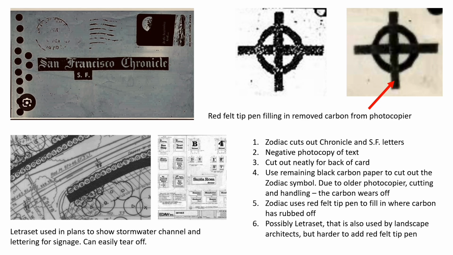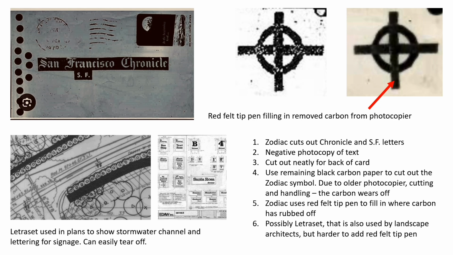He would have cut out the Chronicle and letters, arranged it how he wanted to, and then stuck that down onto a piece of paper and photocopied it in negative. And my estimation is that he's then reused some of the black photocopied paper to create the Zodiac crosshairs.